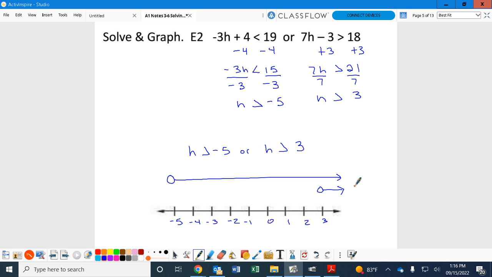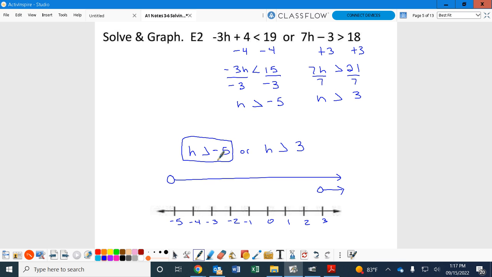Guys, if you graph everything, one of those two graphs takes over the other one. You see that the graph for h is greater than negative 5 just incorporates the other one? Because of that, this is the only part you put on there.